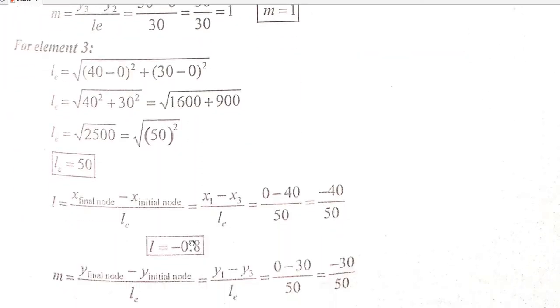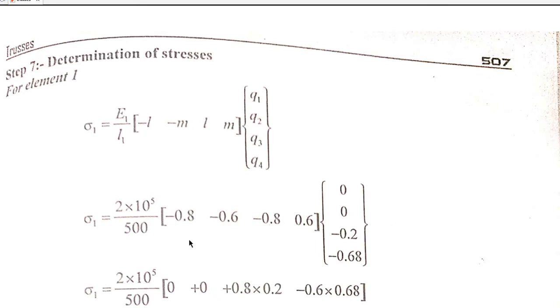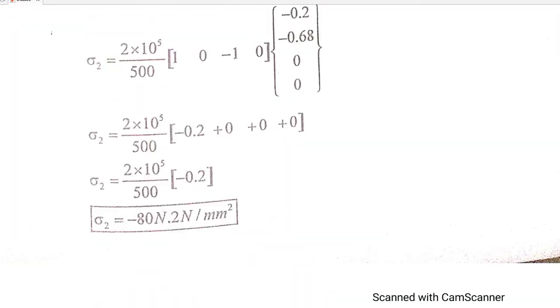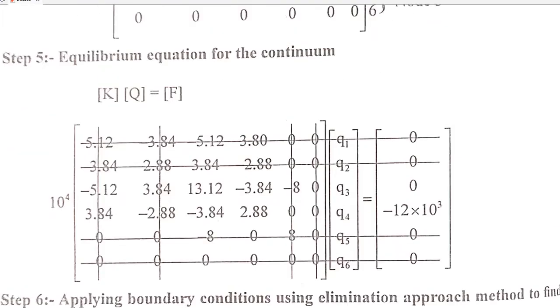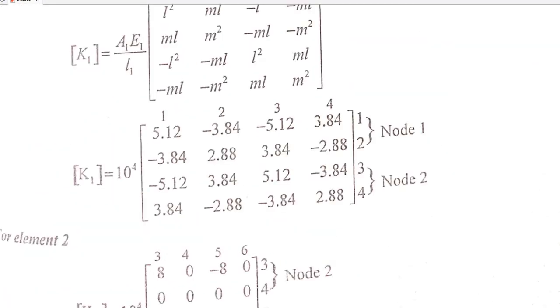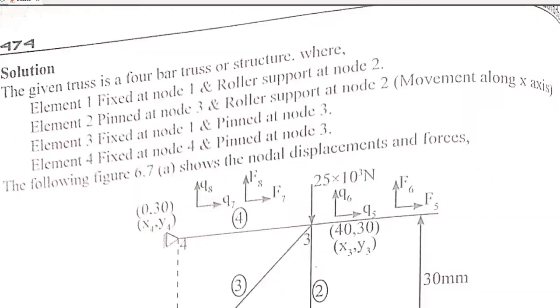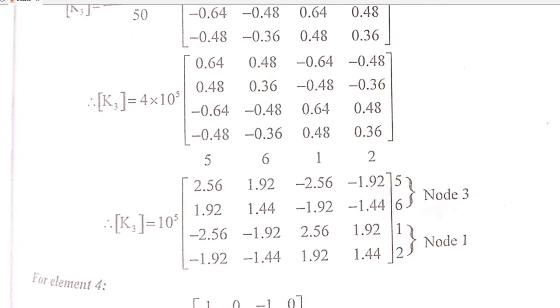Therefore, you have to write the numbers 5, 6, 1, 2, 5, 6, 1, 2 as row number and column number. 5, 6 belongs to node 3, the initial node, and the final node is node 1, with displacements Q1, Q2. Understood?